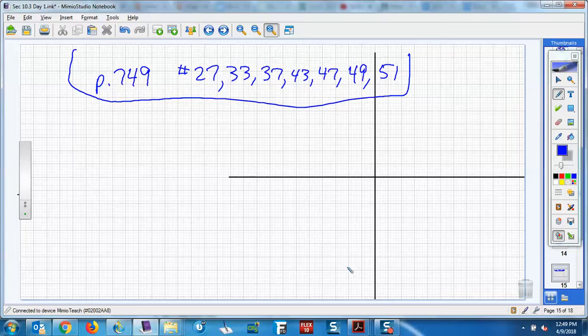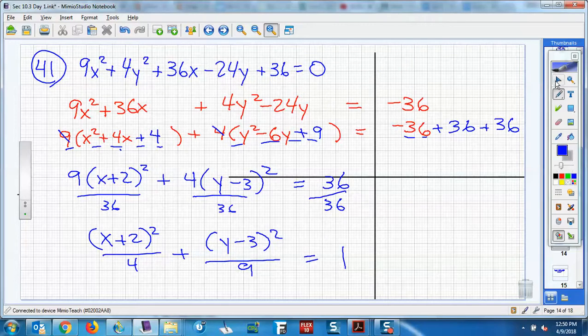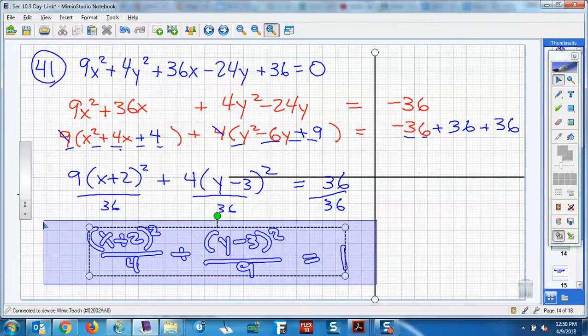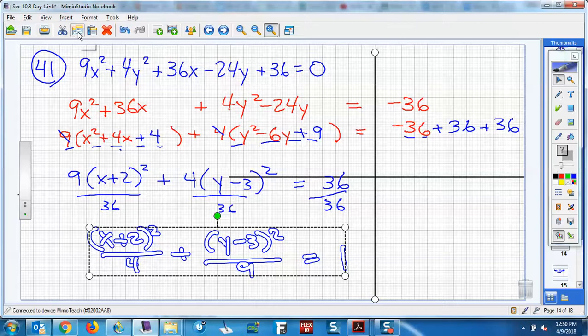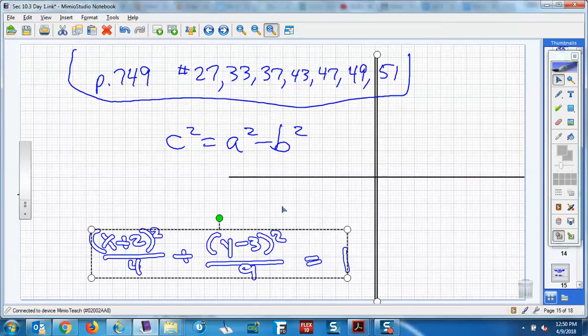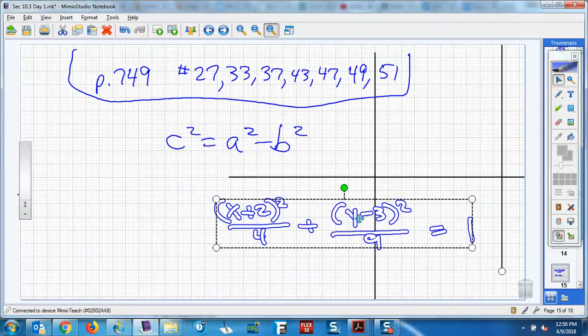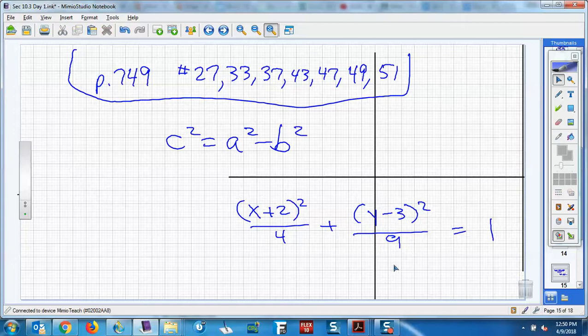How do you find foci? That's the C. So that's C squared equals A squared minus B squared. So if they ask you for the foci, if we take that one we just did, yeah, if you take this problem right here, this would be your A squared, right?